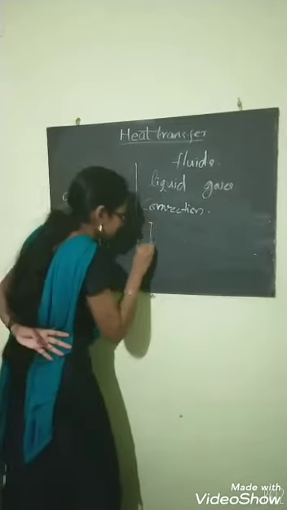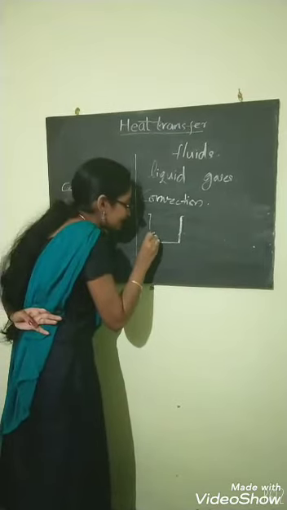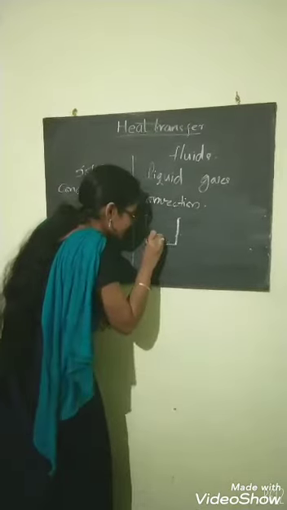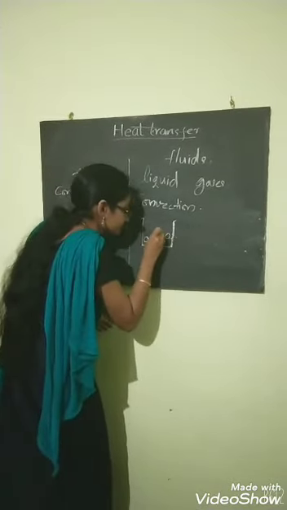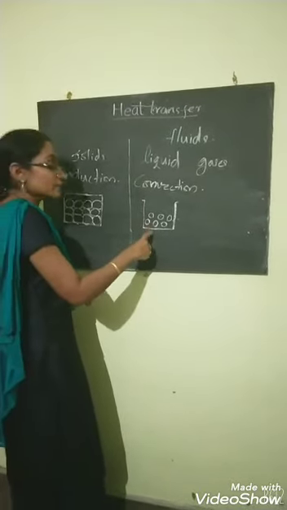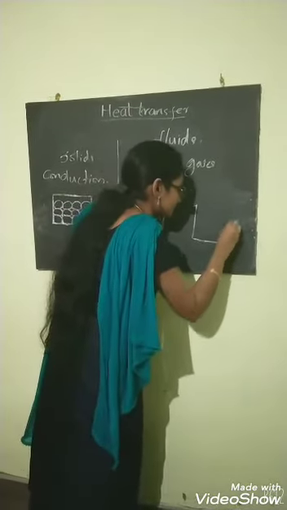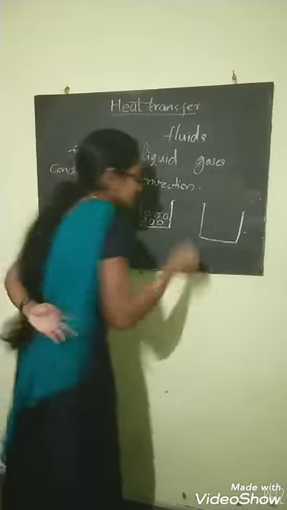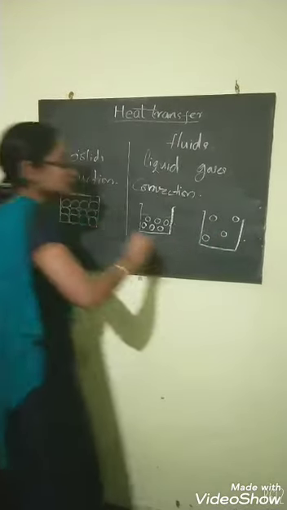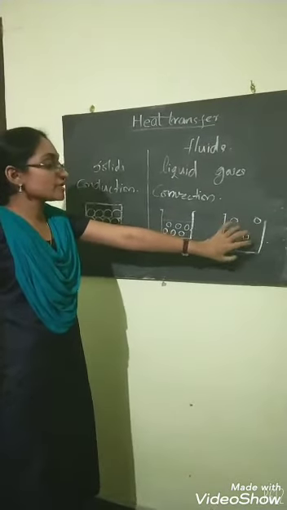Let us look. In a beaker, I am taking water. Then the molecular arrangement is not closely packed. They have some space between the particles. This is the molecular arrangement of liquid. And for gases, they are too free, that is, they have too much space between the particles. This is the gaseous molecular arrangement.